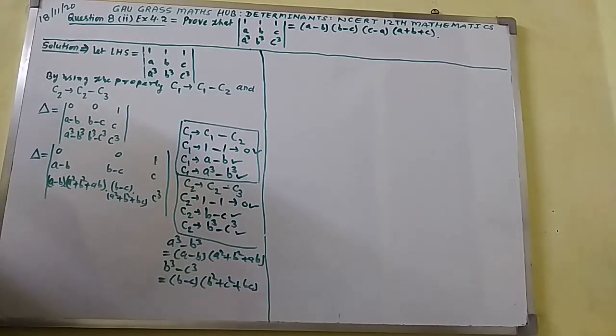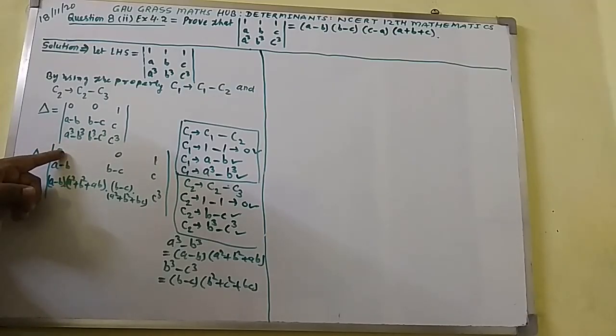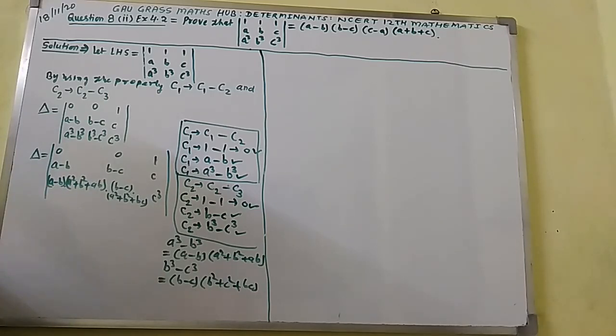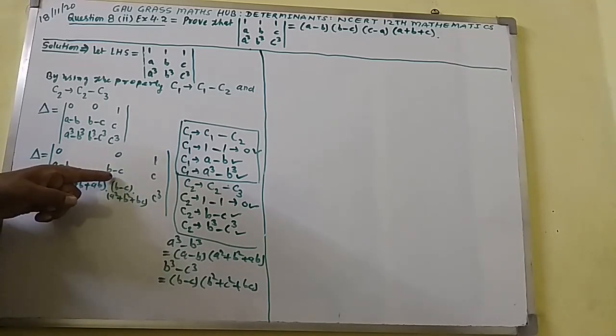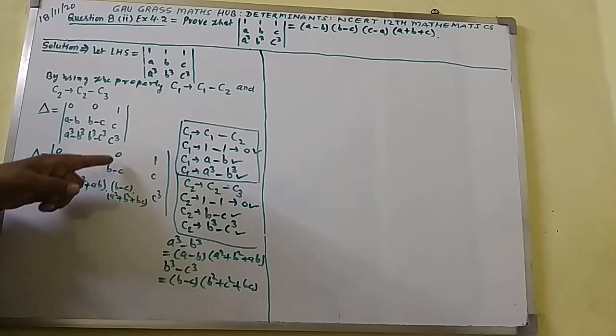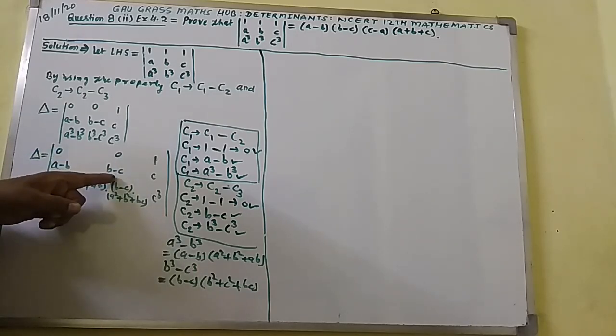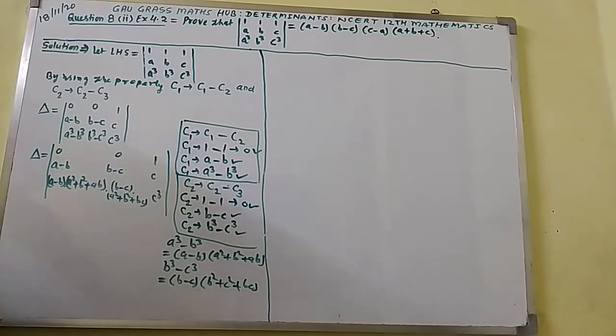Now here you can see in the first column a minus b is there, here a minus b is there, here a minus b is there. In the second column, here b minus c is there, here b minus c is there.